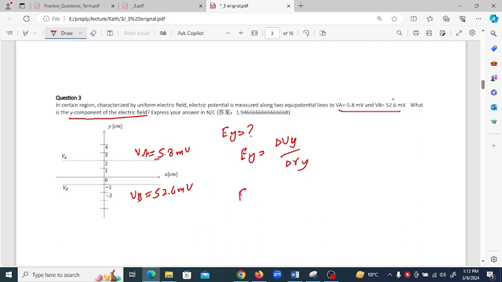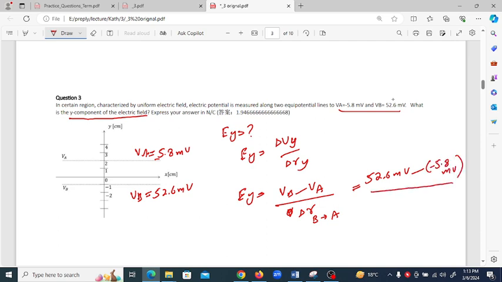So Ey is equal to del V over del R. The change of potential is Vb minus Va, divided by the distance between B and A. Now del Vb is 52.6 millivolt minus Va, which is minus 5.8 millivolt.